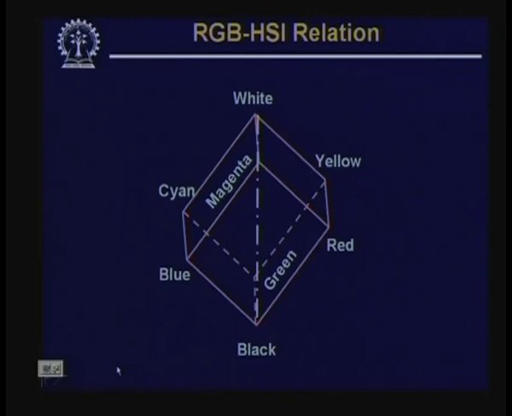In order to do this, we can reorient the RGB cube, the RGB space, in such a way that the black point, or the origin of the RGB cube, is kept at the bottom and the white comes directly above it, as shown here.